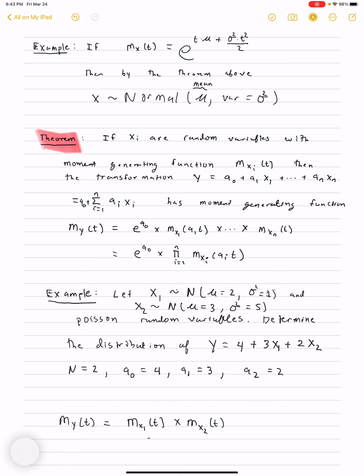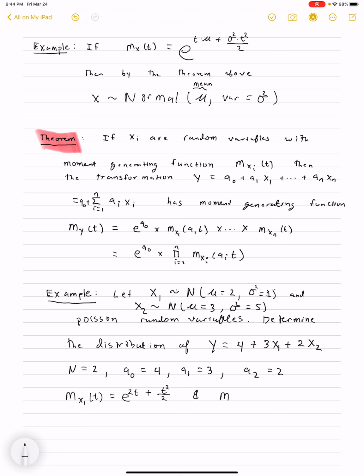M_X1 of t, that is e to the t times the mean, so the mean is 2, so 2t, plus sigma squared is 1, so times t squared over 2.